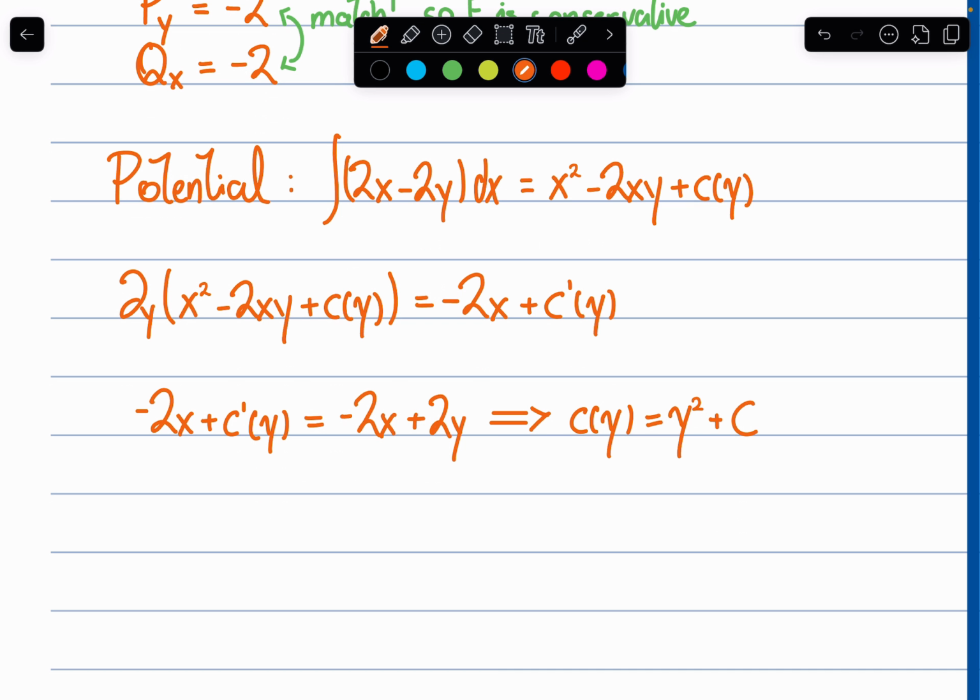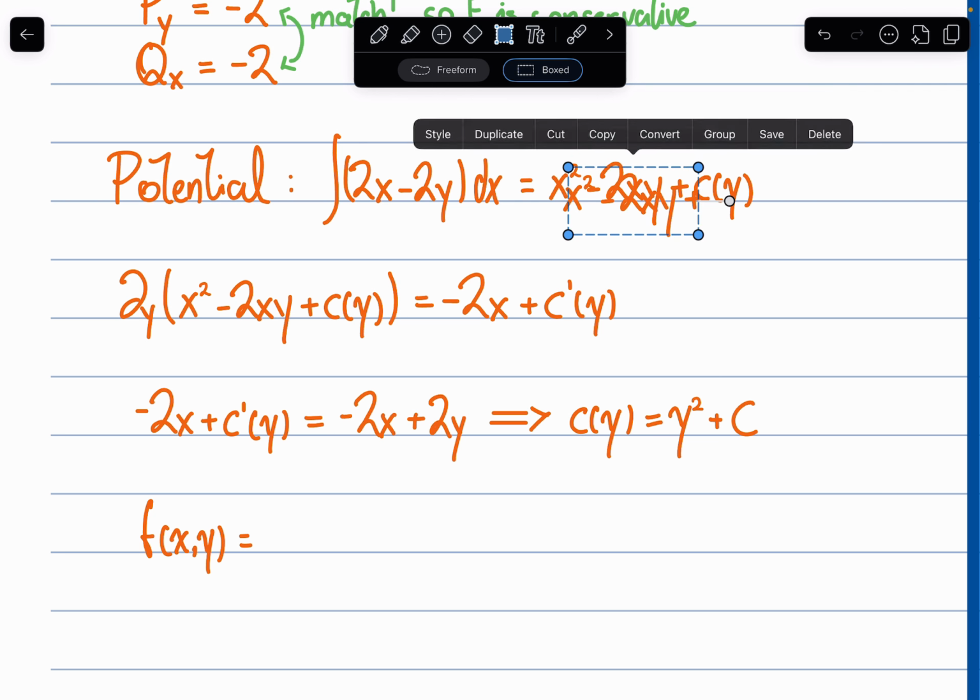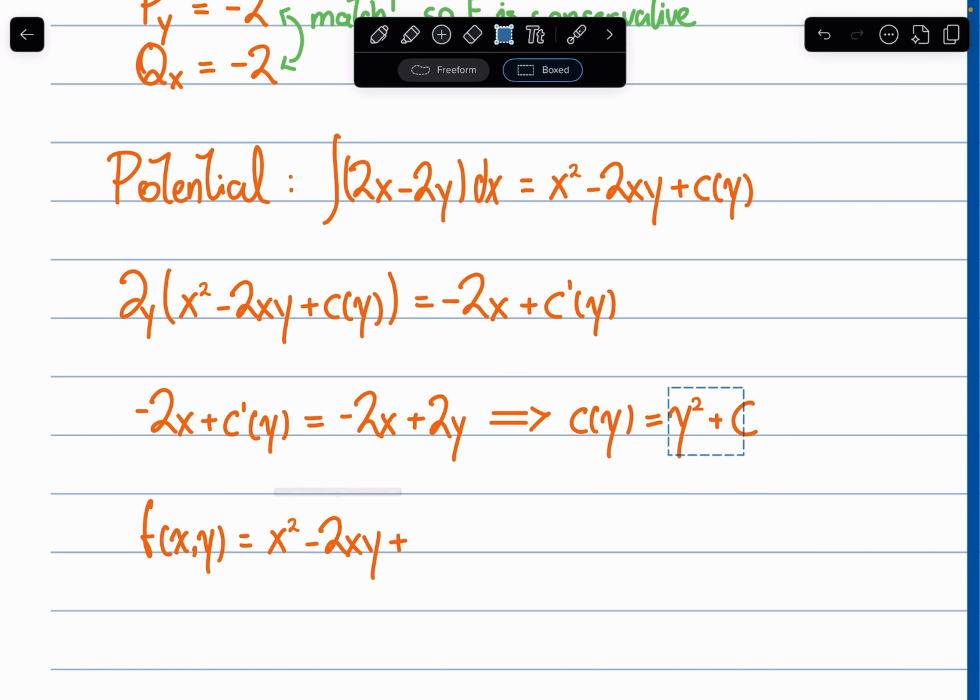It follows then that the potential is the sum of these two functions. We will take the constant to be 0.